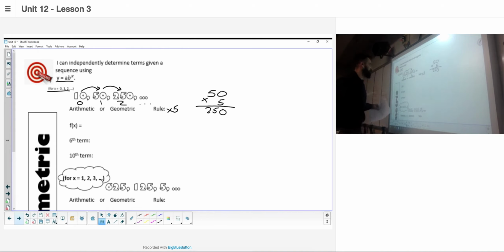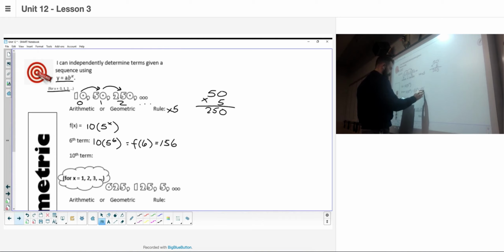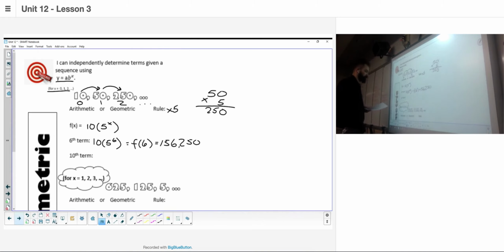Okay, term 0, that's our A. Term 0 is 10. Our rule is times 5 to the x power. Sixth term, 10 times 5 to the sixth power. Plug that into our calculator. We get f of 6 equals 156,250. 10th term, 10 times 5 to the 10th, sorry, that was wrong.